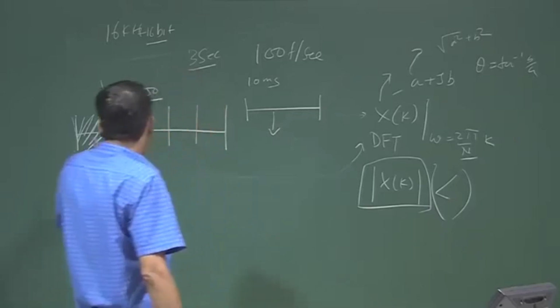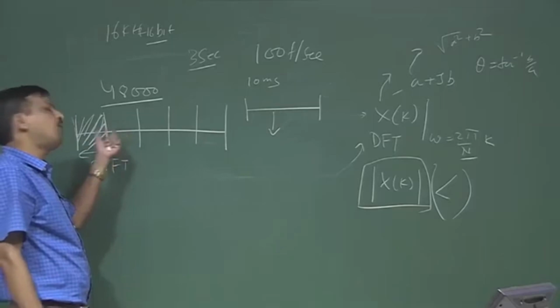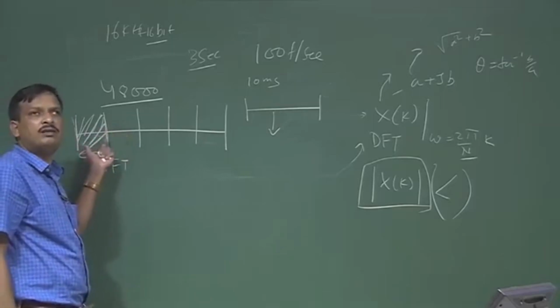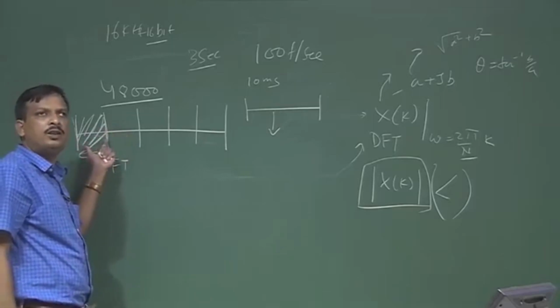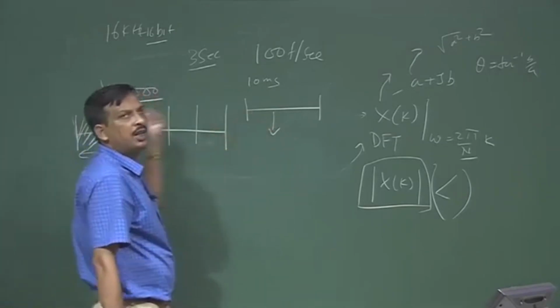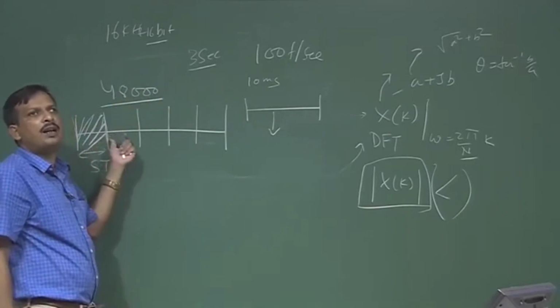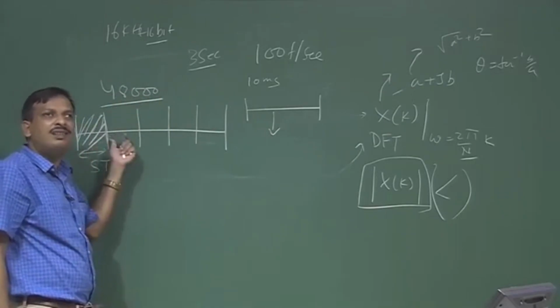So, frame by frame I take and analyze, and I have to get back the same frame again if I take the inverse DFT. Whatever modification I do in the spectral magnitude, I again take the inverse transform to get the same frame back. That is called synthesis.